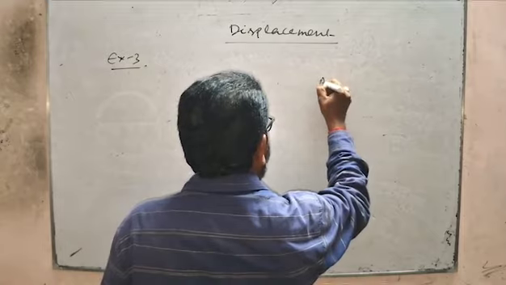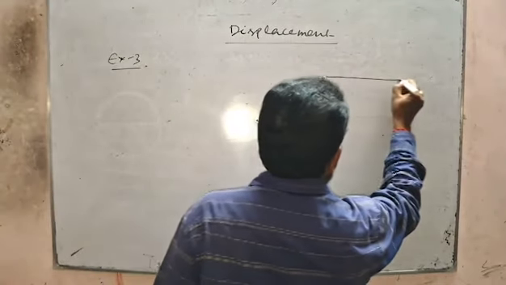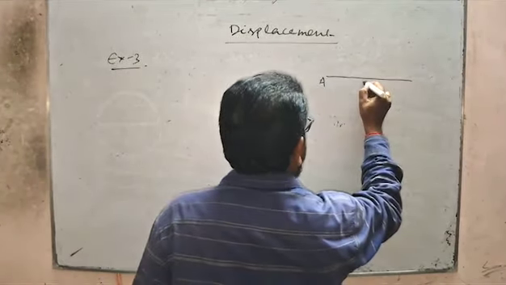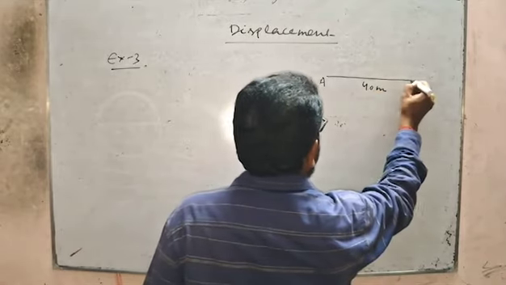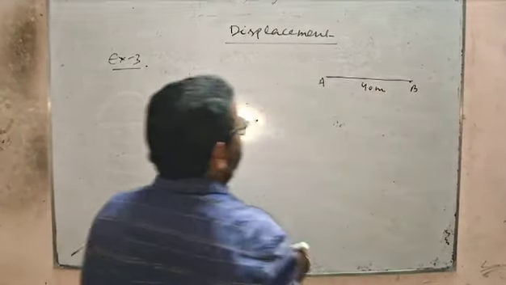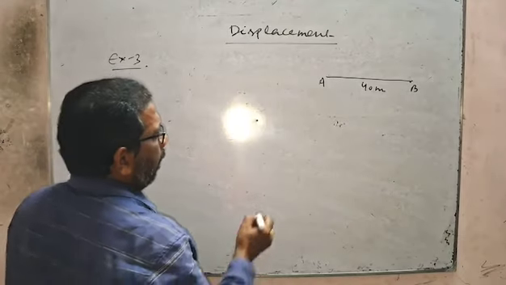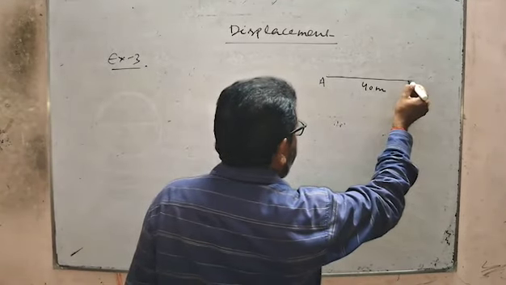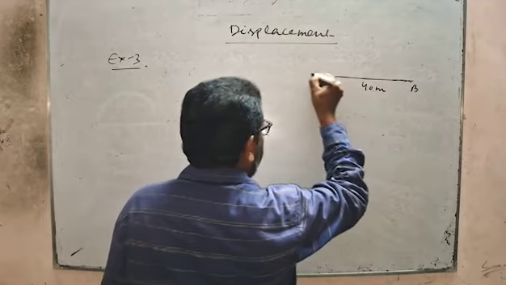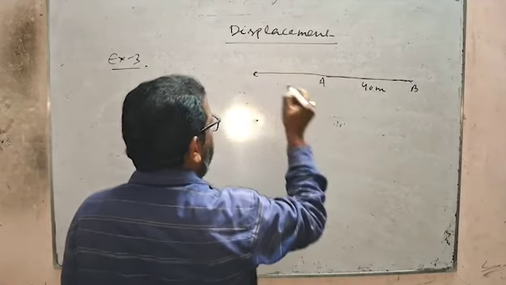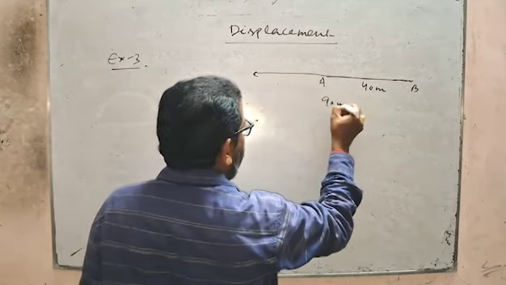Let a body start from A, traverse 40 meter due east and reach at B. Again, it comes back along the same path and covers 90 meter.